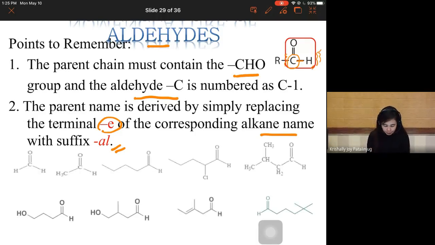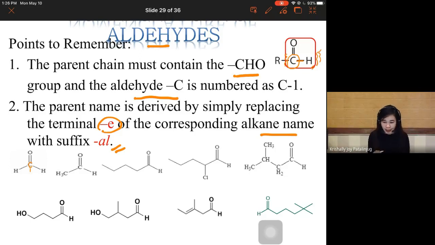Say for example, the first structure has only one carbon. This is an aldehyde, because it has a carbon double bonded to oxygen, and a terminal hydrogen. Since there is only one carbon, tell me what is the prefix: meth, eth, but, prop, hex, hept?